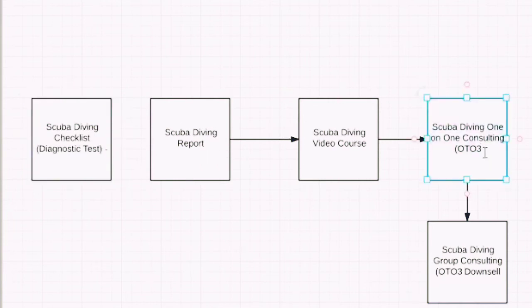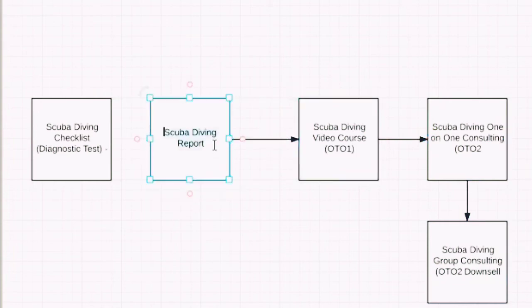I'm going to do just OTO 2 because in this case we could solve their problems via this. So we're going to do OTO 1. Actually, instead of a report, we're going to do an ebook, and that can be front end. That could be anything you want.